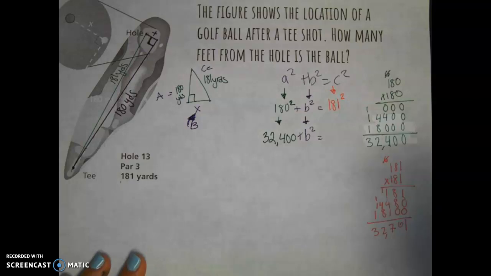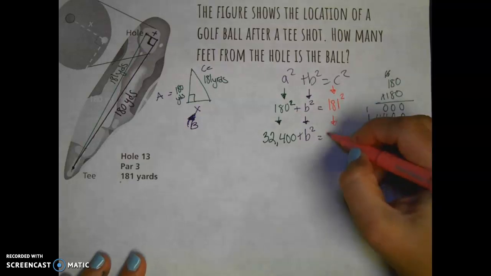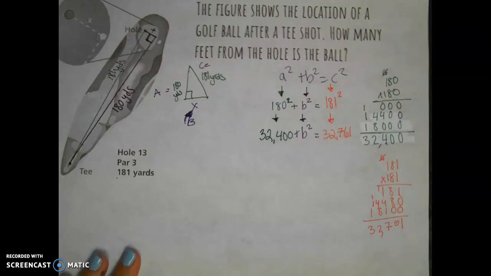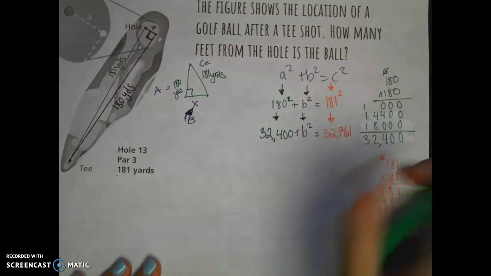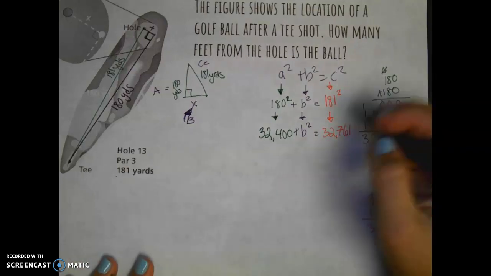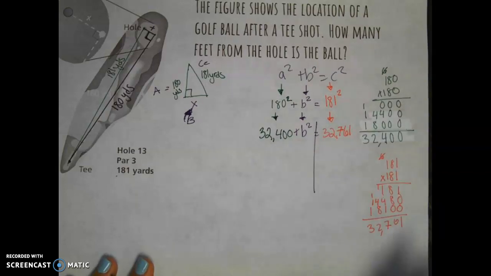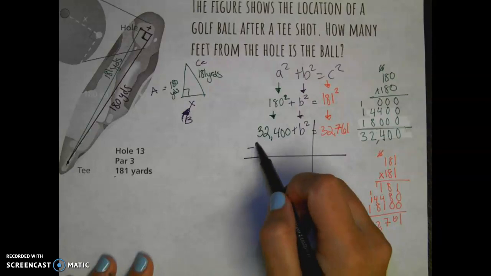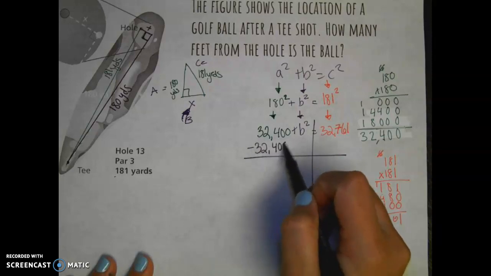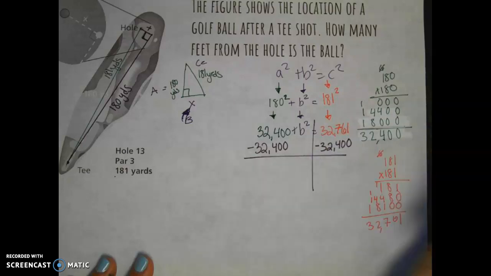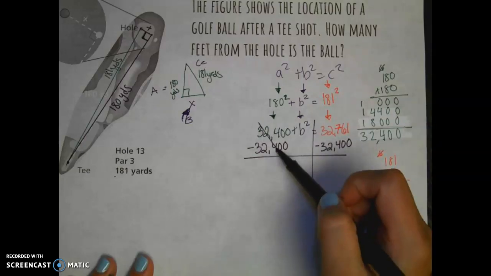And for 181, you should have gotten 32,761. So now I need to get B by itself. I need to solve for B. I need to take the square root of both sides, but this 32,400 needs to go away. So I draw my line. I'm going to get rid of this 32,400 by subtracting it from both sides in order for these to cancel out on the left.